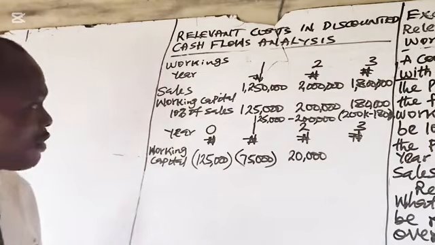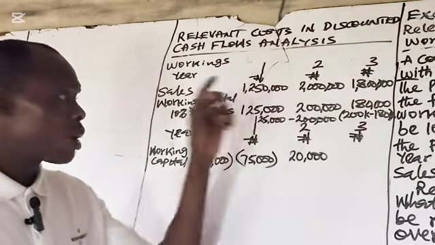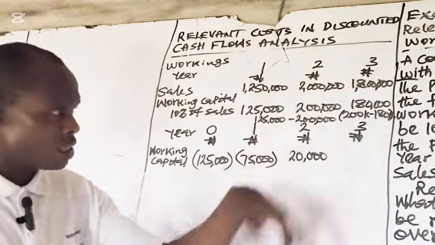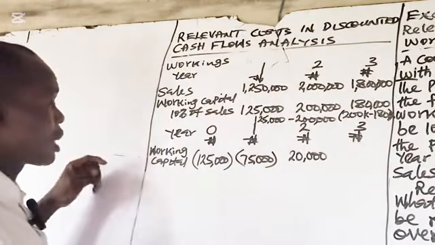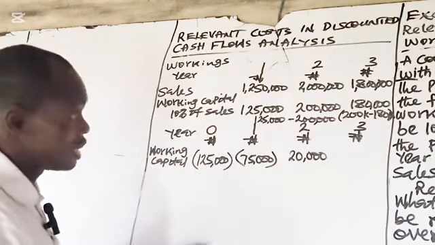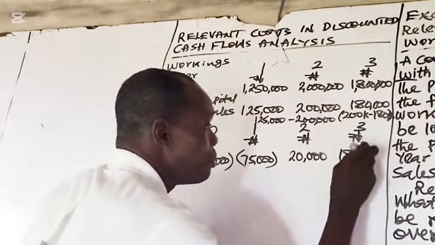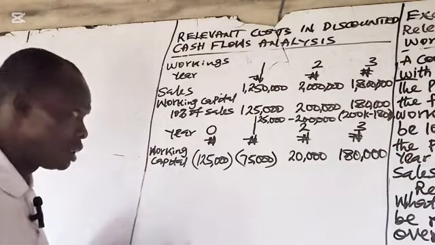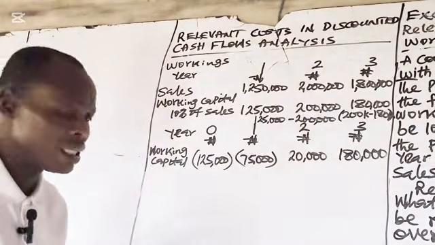How much do you have as working capital? In year 1, you have 125,000. Your working capital became 200,000 in year 2, and now in year 3, you have 180,000. So the overall working capital, this plus this minus this, will be 180,000. The 180,000 will be recovered and treated as an inflow at the end of the project life. So that is how that working capital will be treated.